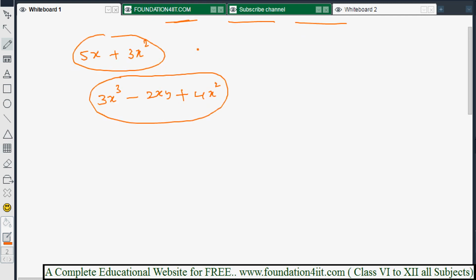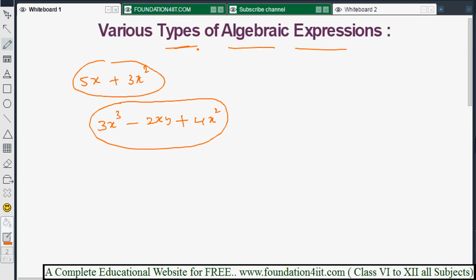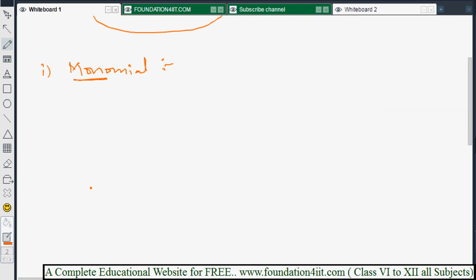First type is monomial. The word itself says mono, meaning single. So an algebraic expression containing only one term is called a monomial. Mono means only one.